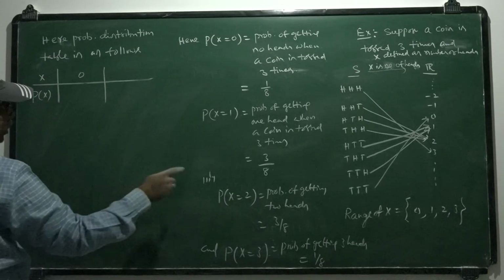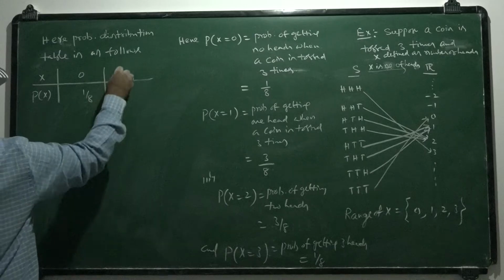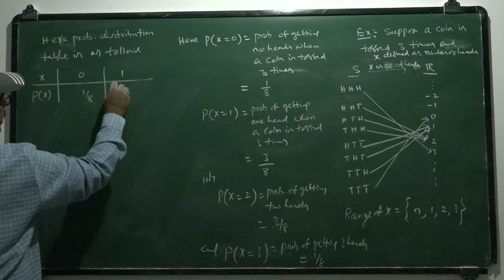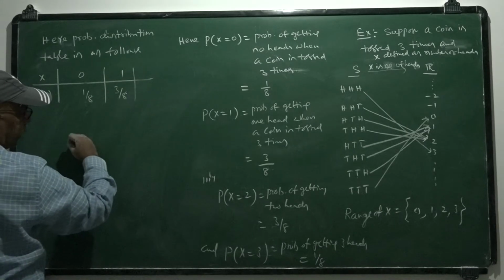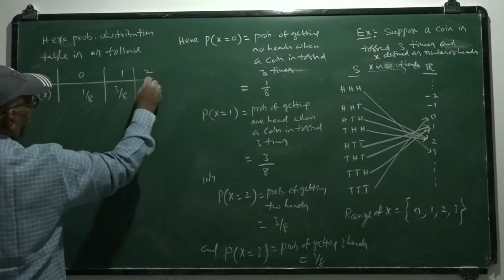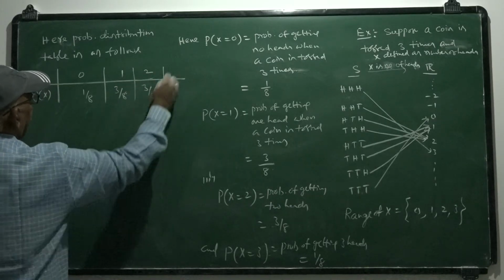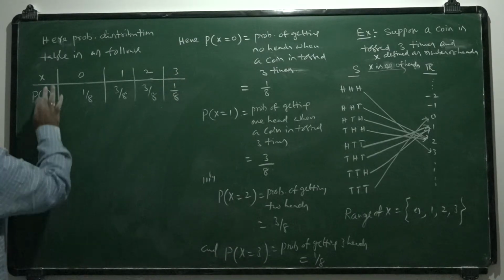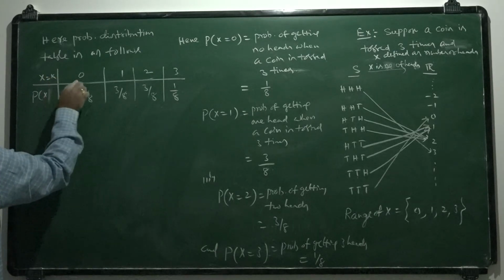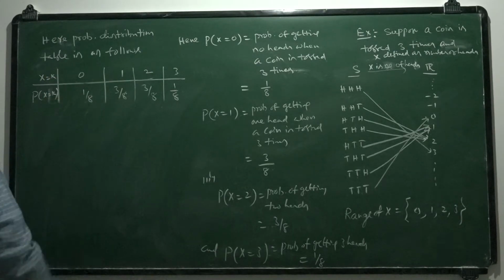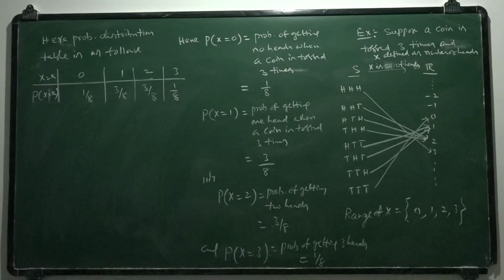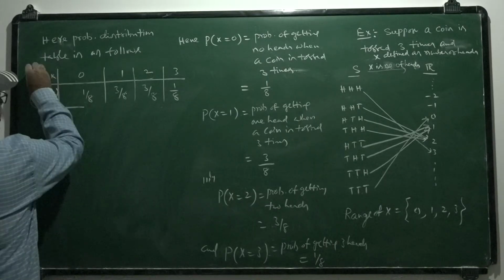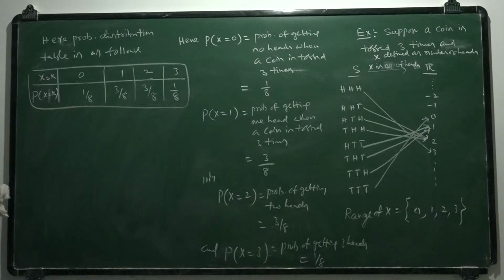If x takes the value 0, the probability is 1 by 8. If x takes the value 1, it is 3 by 8. If x takes the value 2, it is 3 by 8, and for 3, it is 1 by 8. Here the probability is for x equal to k, where k takes the values 0, 1, 2, 3. This table is known as the probability distribution table for the random variable x.